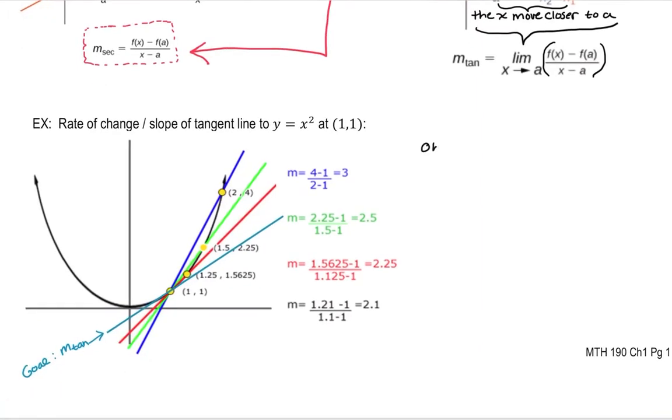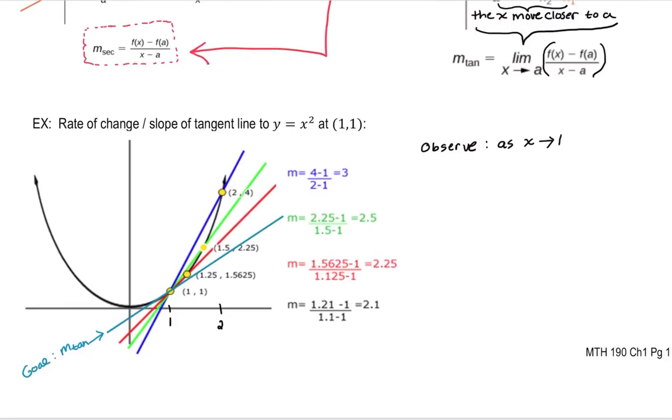What we want to observe here is that the x's get closer and closer to 1. Down here, the point of tangency interest is at 1, and the line in blue is over here at 2.